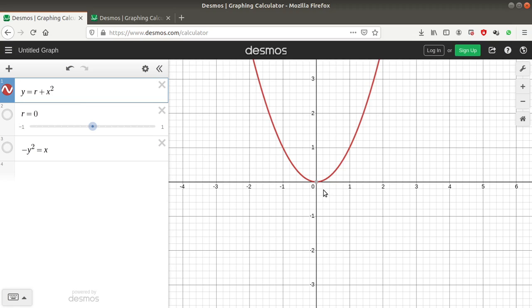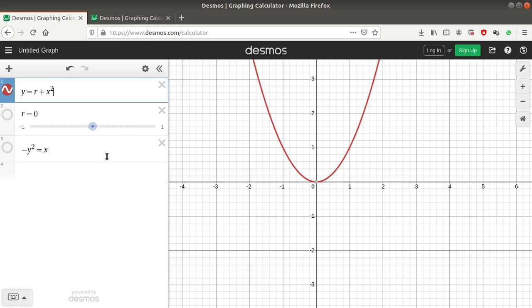Is it stable or unstable? Actually, it's neither. If we see this side, x dot is positive, so x will move towards the fixed point, but here x will move away from the fixed point. So it's half stable.